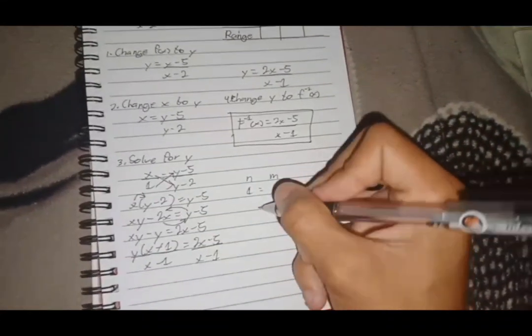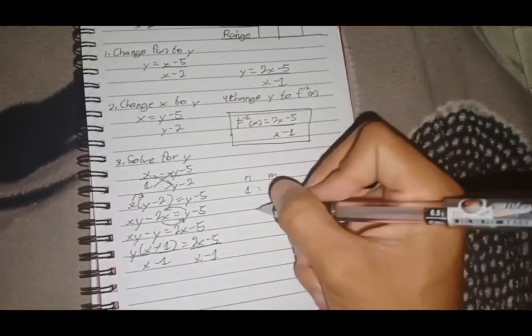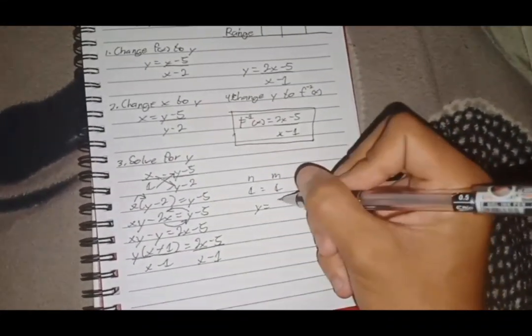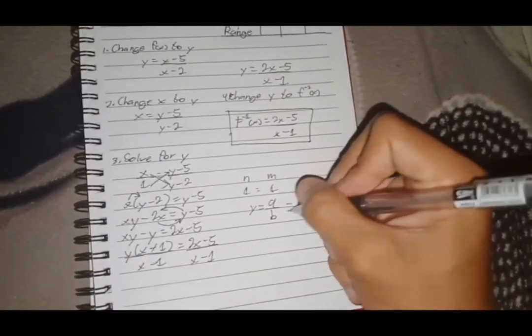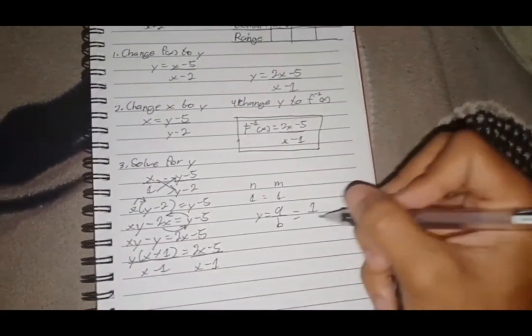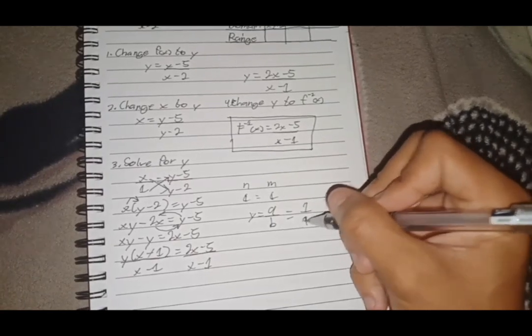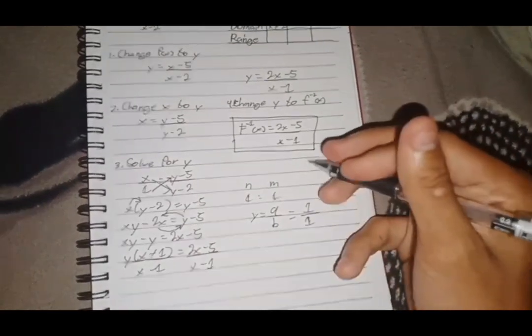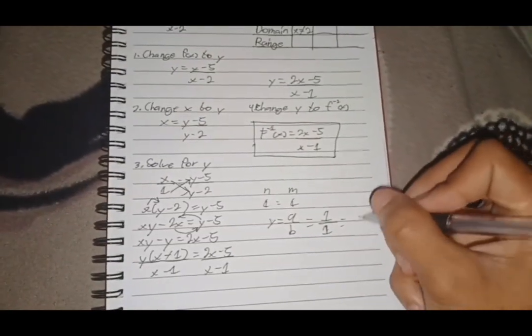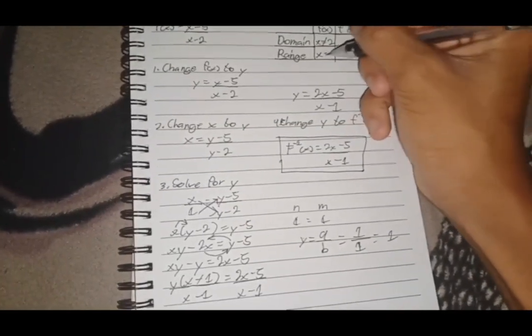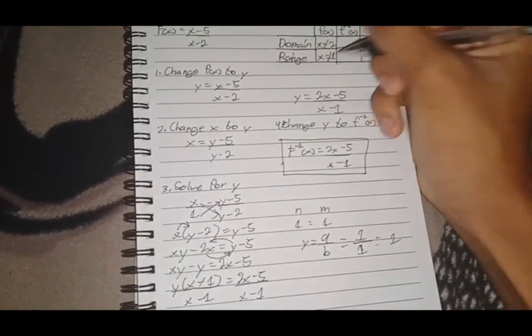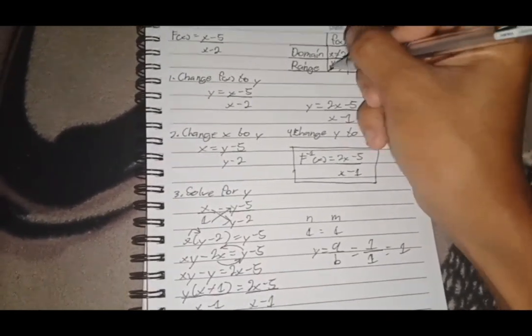So, ang mangyayari dito is, i-divide lang natin itong dalawang to. Ayan. So, 1 divided by 1 is 1. So, 1 yung range ng ating f of x. Ay, dapat y to siya.